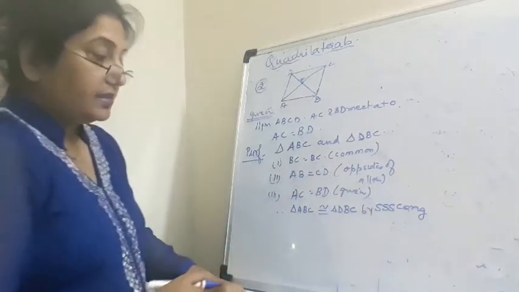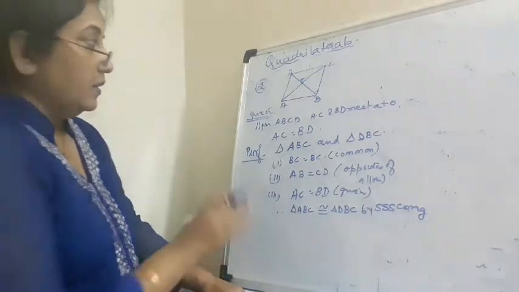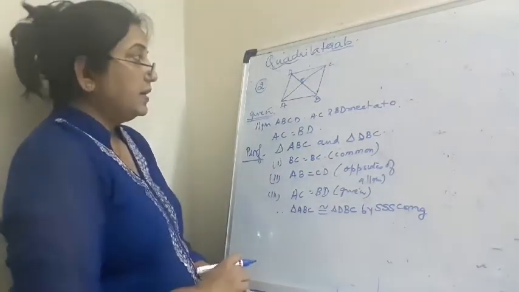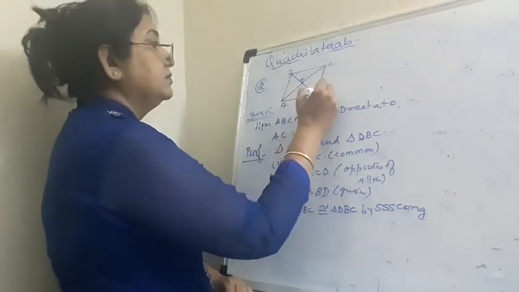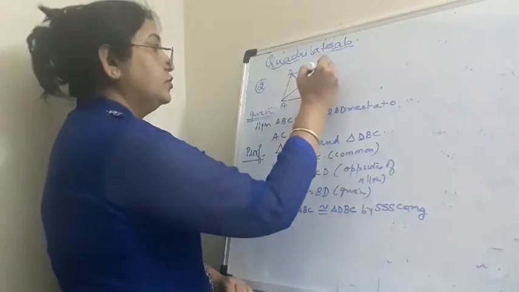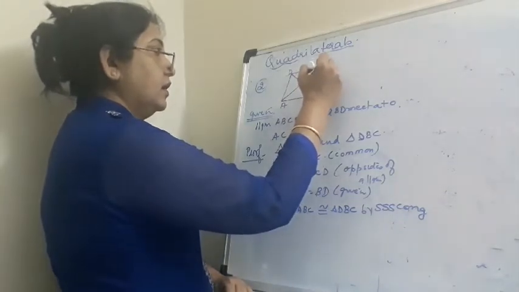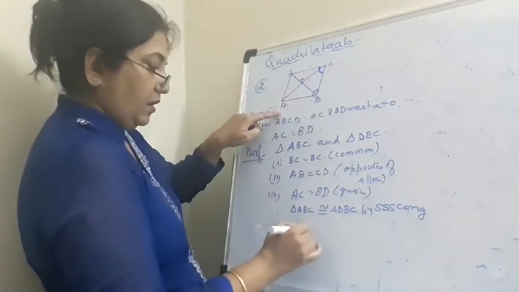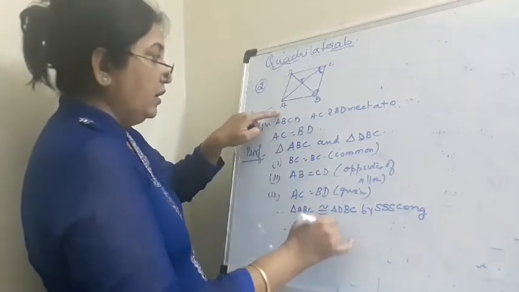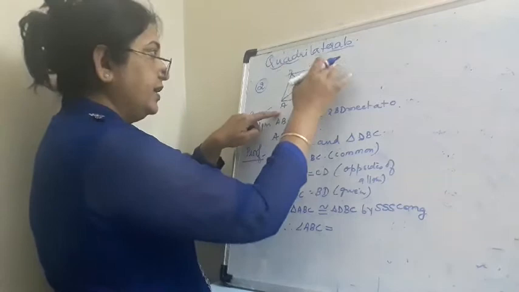Now when I say the SSS congruence, what are the corresponding parts? We can say that this angle is equal to this angle. That means we can say that angle ABC is equal to angle DCB.